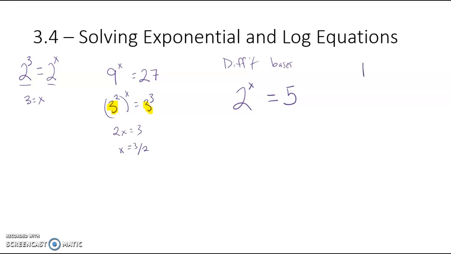Remember, we have this lovely power property that tells us that the n goes to be in front, and then it purely becomes a multiplication problem. So whatever I do, I have to do to both sides of my equation.